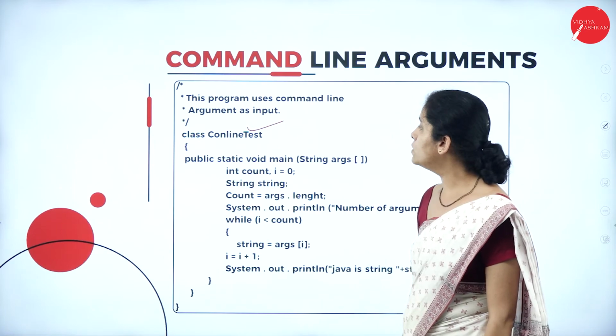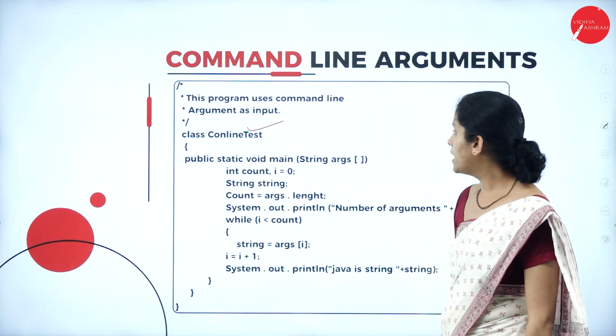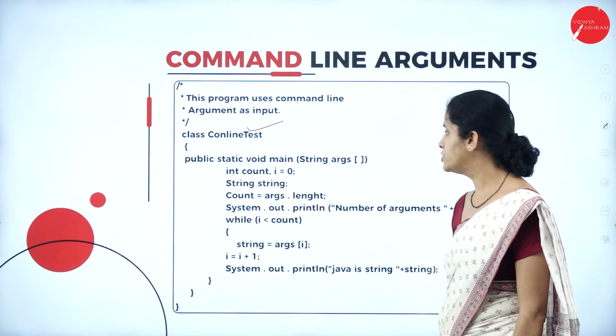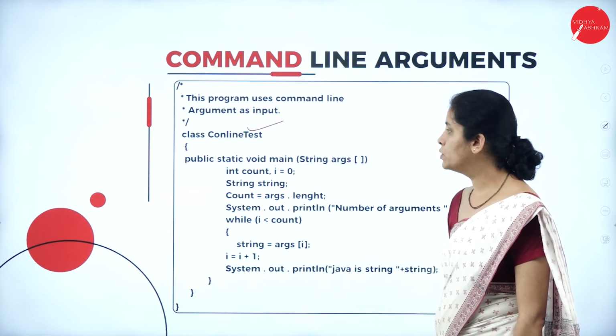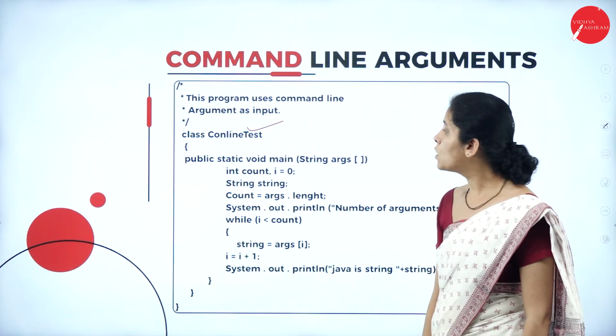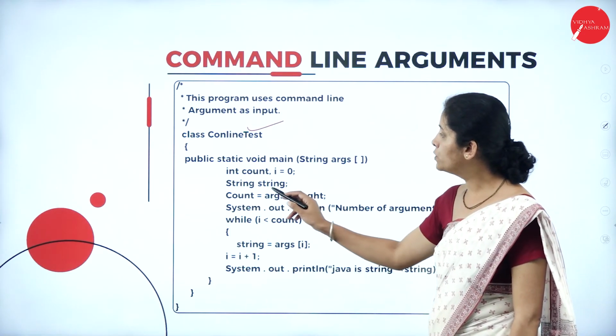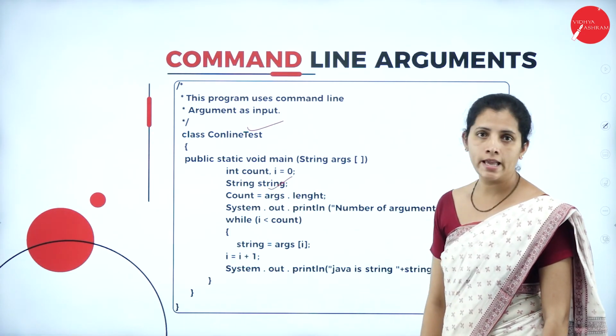So dear student, first I want to create the class. Now I'm going to write the main function. Now I'm going to use two variables called count and i, and I'm going to create one string variable.